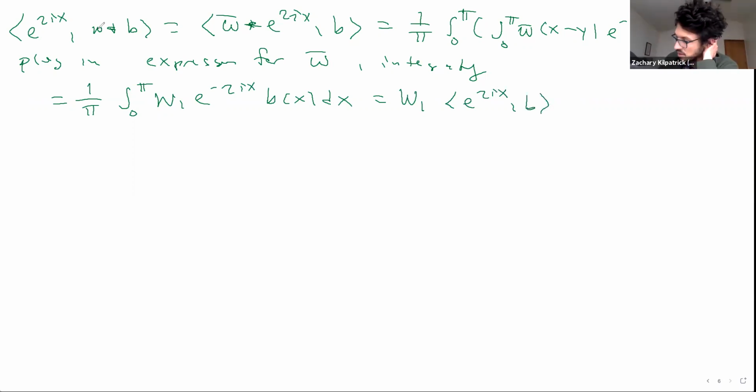Okay, so the only thing that happens from this is that just the w1 mode is what gets represented, right? Because this is the w1 mode here. So you're just picking out that part of the weight function.